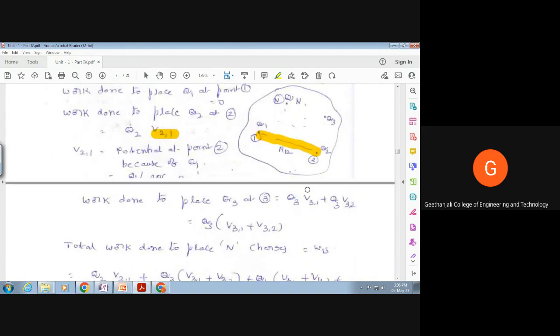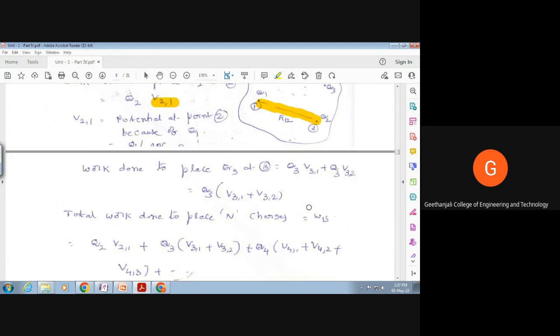Now if I want to place Q3 at point 3, both Q1 and Q2 will be repelling this Q3. Against these repelling forces, I have to place Q3 at point 3. So now what is the work done to place Q3 at point 3? Q3 into the total potential at point 3 because of Q1 and Q2. So V31 plus V32.